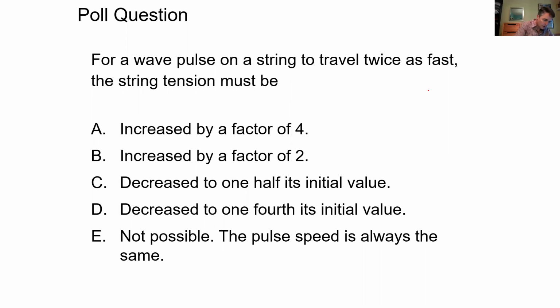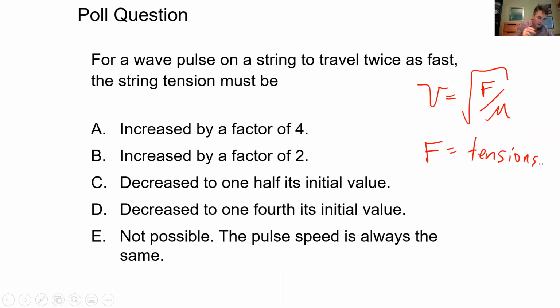So the equation here, I'll write it again. V is equal to the square root of F over mu. Mu is the same because you're using the same string. F is tension in newtons. It's sort of weird, but it turns out that the square root of newtons divided by kilograms per meter is meters per second.